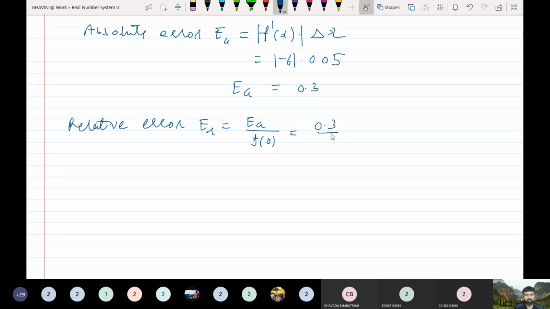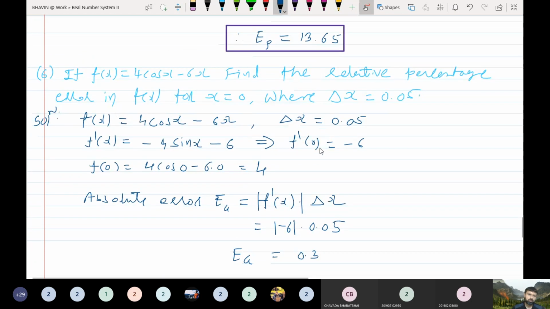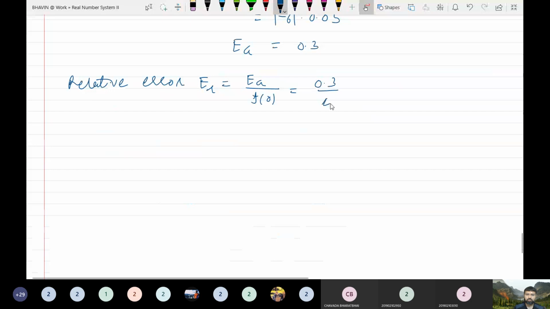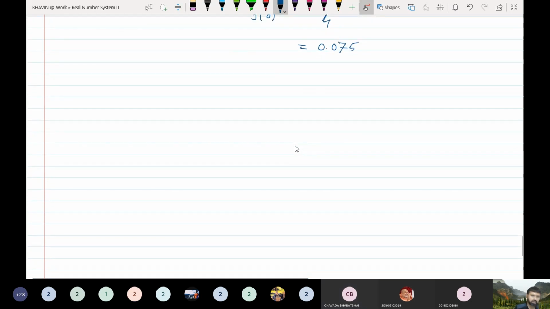This is 0.3 and f of 0, we have found, is equal to 4. So let me put here 4. So what is the answer of this? 0.075. Yes. So this is relative error.